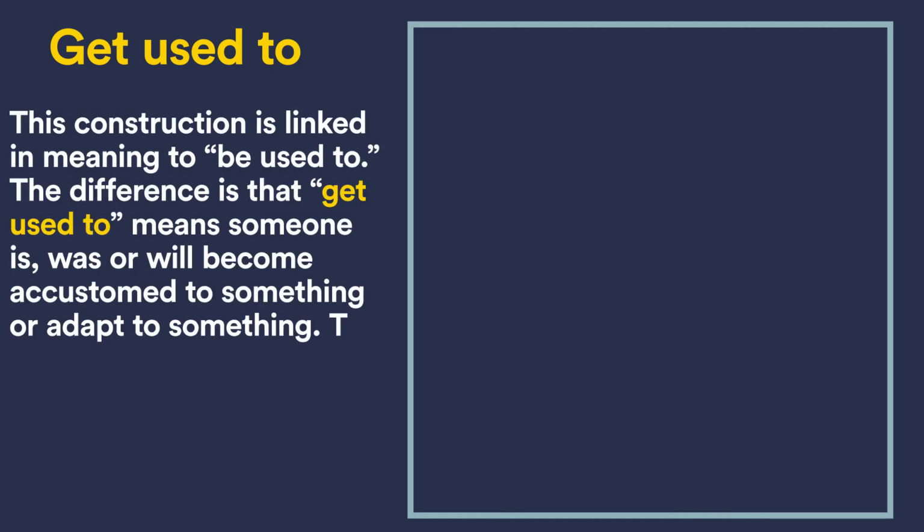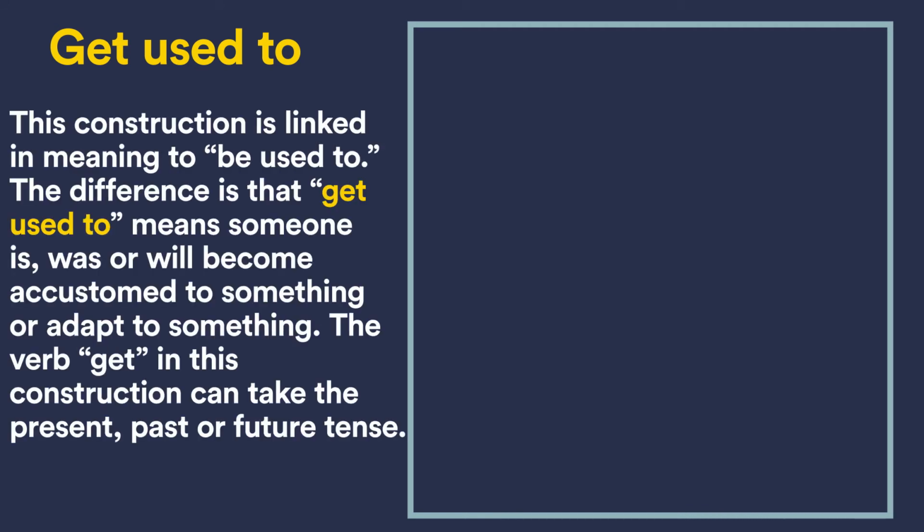Get used to. Our third example is get used to. This construction is linked in meaning to be used to. The difference is that get used to means someone is, was, or will become accustomed to something or adapt to something. The verb get in this construction can take the present, past, or future tense.